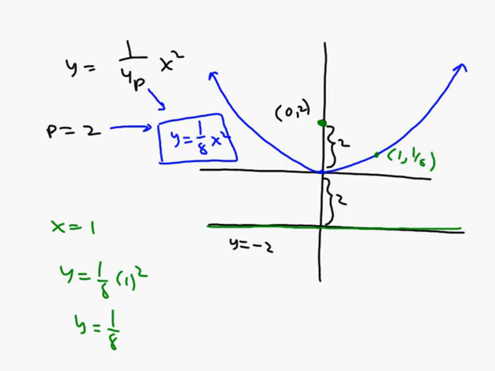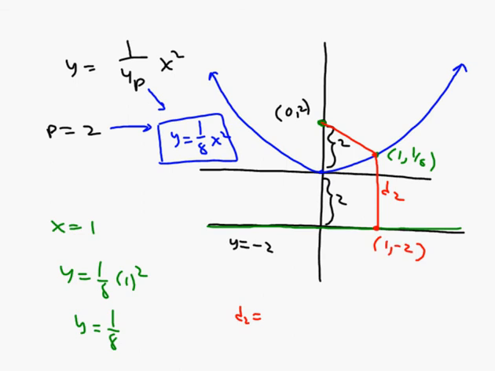And the claim is that this distance and this distance are the same. Let's make sure that happens. I'll call this D2, to be consistent with the language I used earlier. Let's get the coordinates here: this is (1, -2).